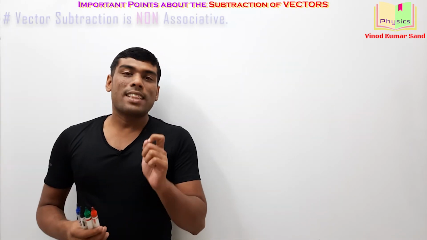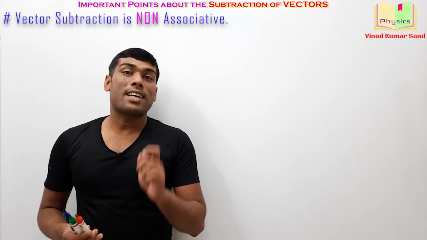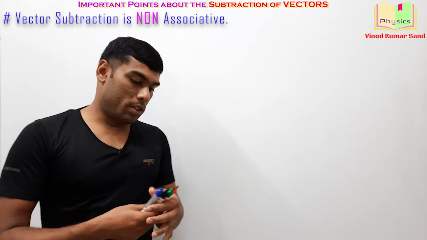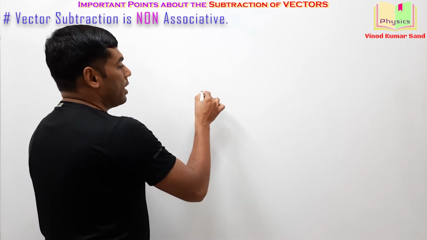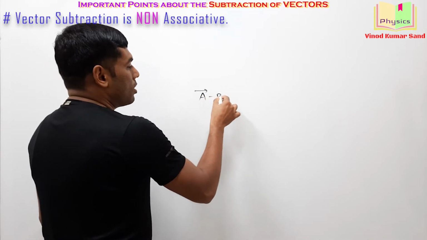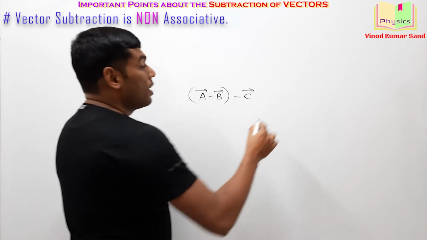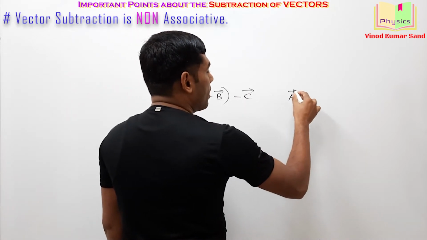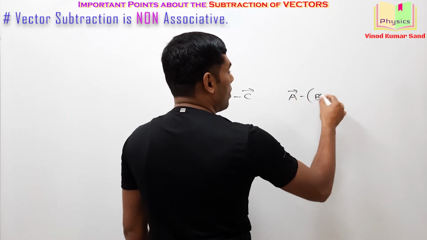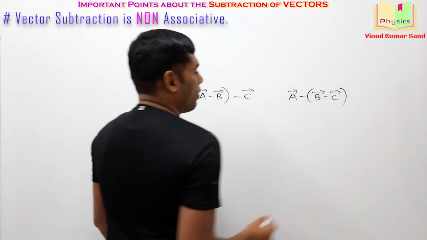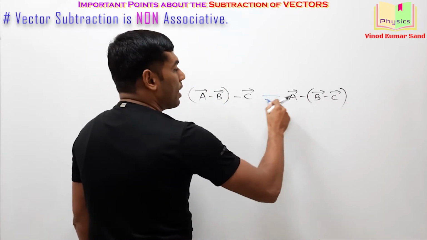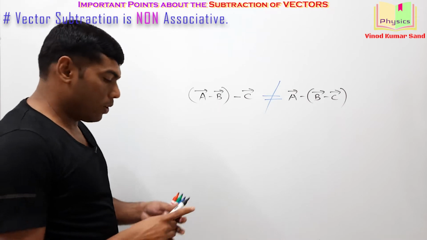Second point, the subtraction of the vectors is non-associative. It means A vector minus B vector minus C vector, and A vector minus B vector minus C vector with different grouping, they are actually unequal.